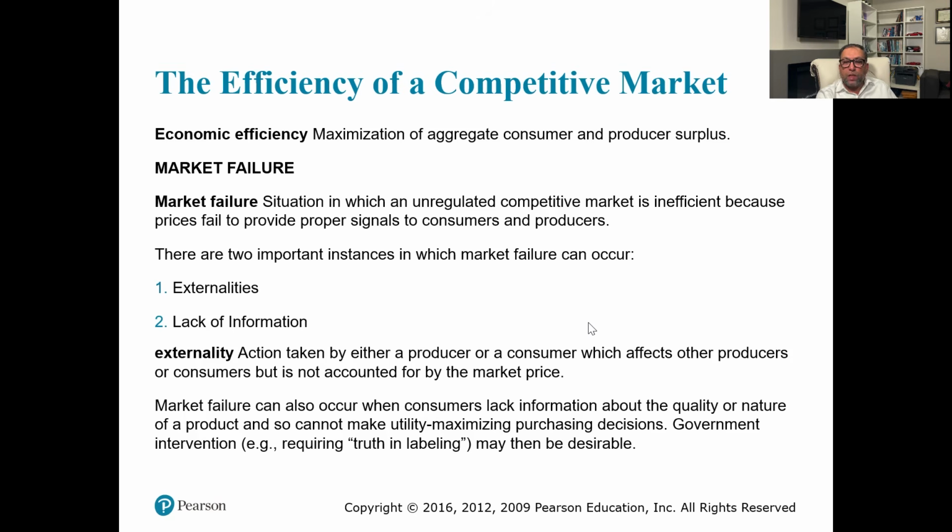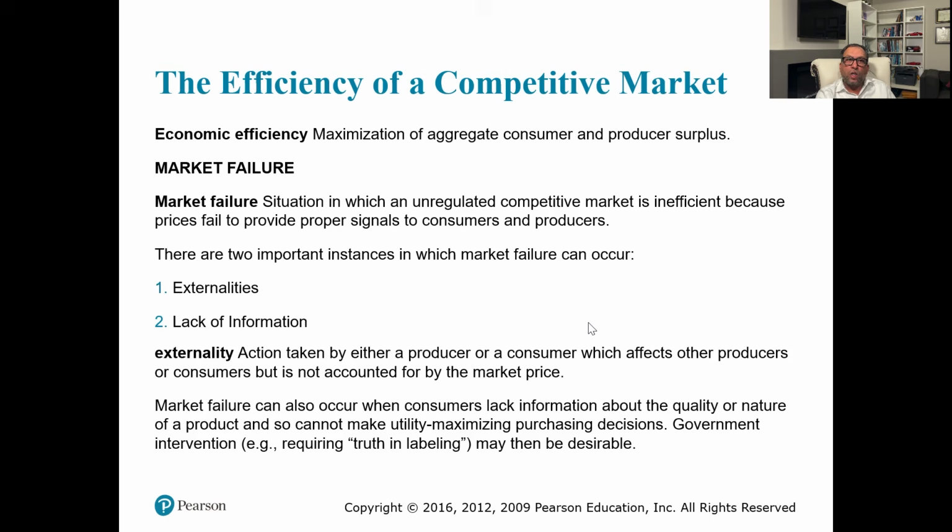Market failures also occur when the consumer lacks information about the quality or nature of a product. In the stock market, many people lost their money because it is quite close to a competitive market, but people are making decisions based on poor information, poor calculation. So they are making wrong decisions and they lose.